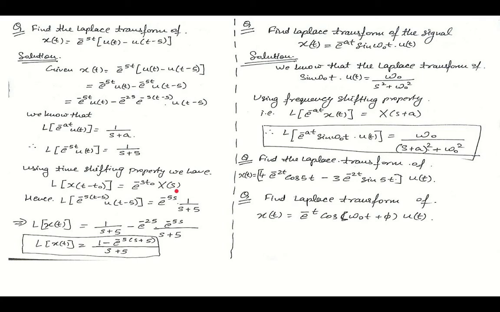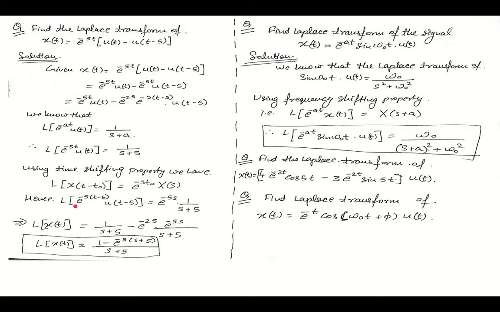Now we have already calculated the value of X(s), that is Laplace of e to the power minus at into u(t) is equal to 1 upon s plus a. Since this was the delay or t naught, here we are putting the t naught, but the initial function that was existing was e to the power minus 5t into u(t).